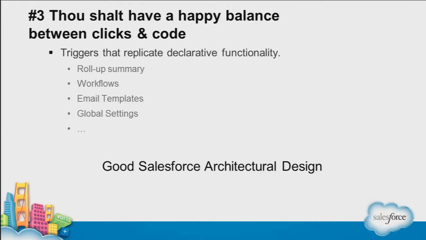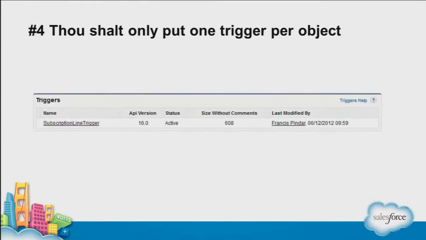So this comes on to number 4, hopefully. Thou shalt only put one trigger per object. So Salesforce allows you to put multiple triggers on an object, but there's no guarantee in what order those triggers are going to execute in.